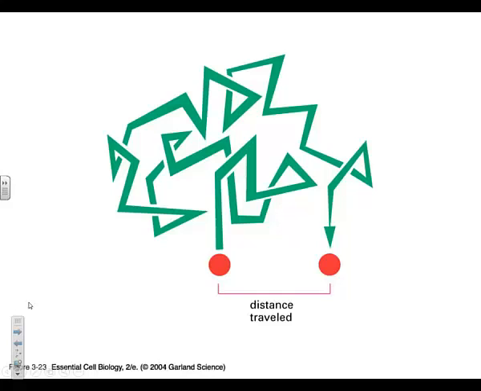So remember inside the cell you have 70% water, and 30% is other molecules, including the macromolecules. And out of that 30%, half, 15% of what's in the cell, is proteins.